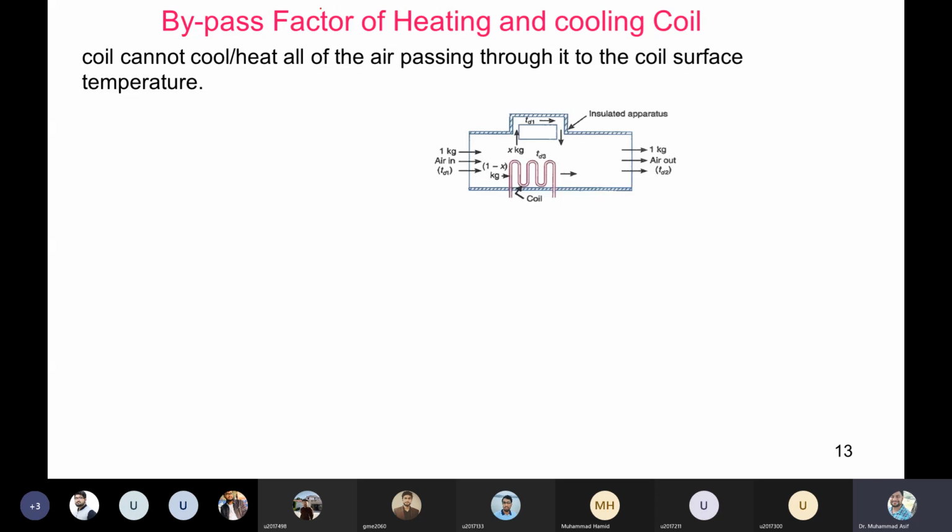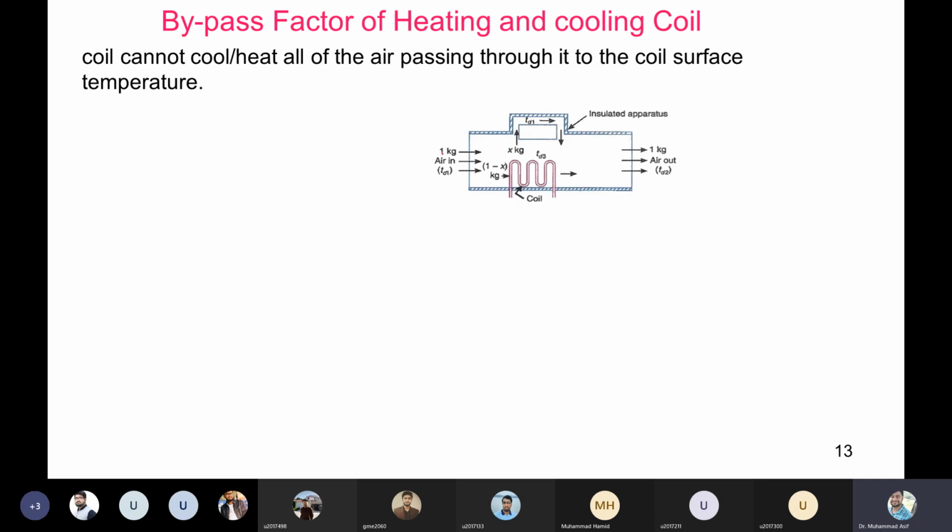So the bypass factor is basically the fraction of the air which is not in contact with the coil. That coil could be the heating coil or the cooling coil. For example, let's say the total mass of the air entering is 1 kg. Out of 1 kg, some of the mass of the air will be bypassed, and its temperature is the same as the inlet temperature because it is bypassed.